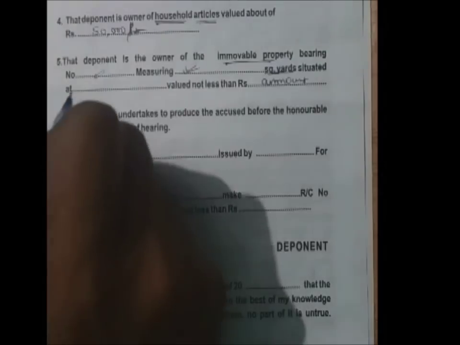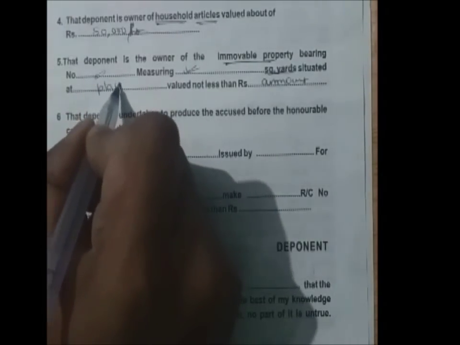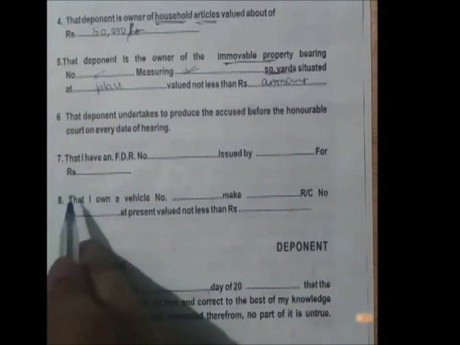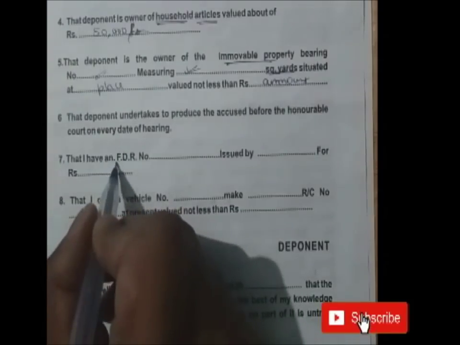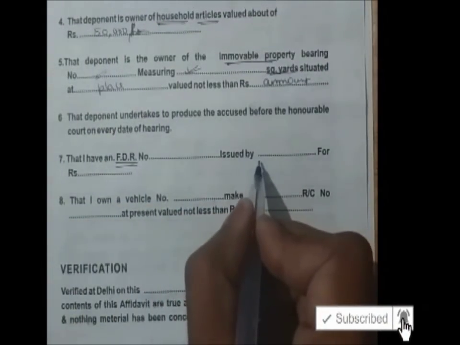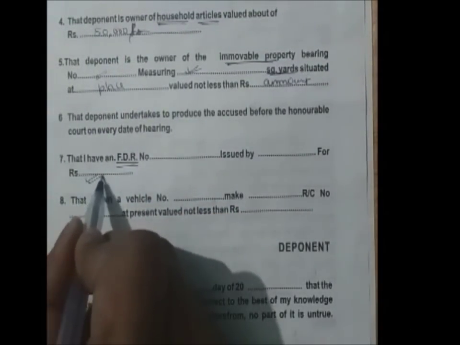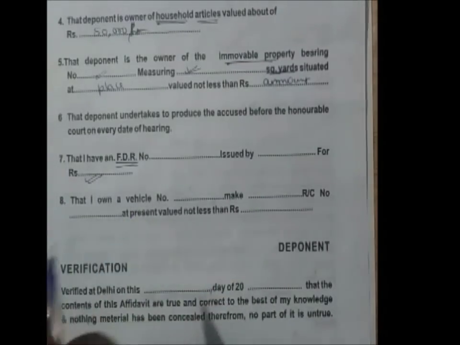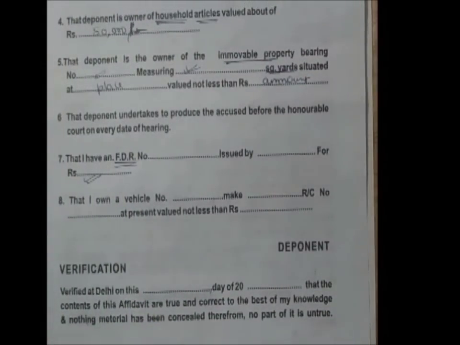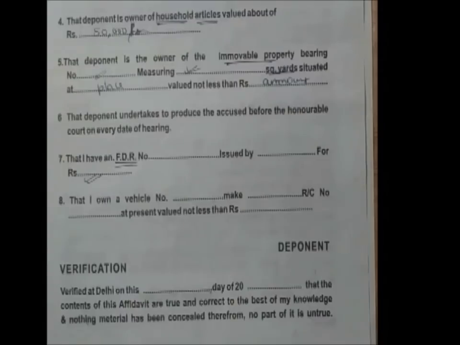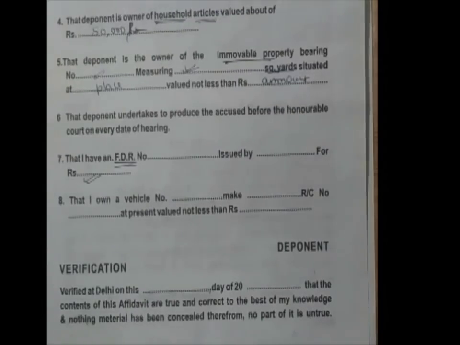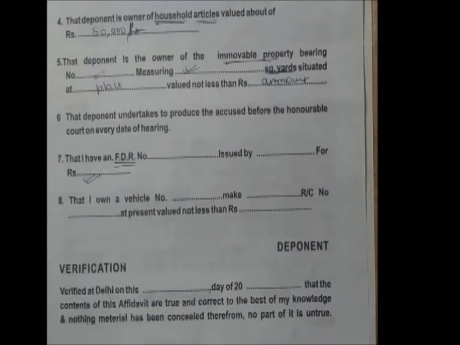After that, we have to mention place, amount. We have to mention here the FD if the person has one. If the person does not have this, leave it blank, no need to fill it. If the person has a vehicle, then we have to mention the vehicle number. Means you have to fill any of these.